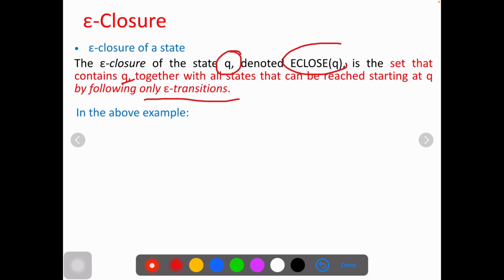So E-closure is a set of states which are reachable from Q without taking any input.